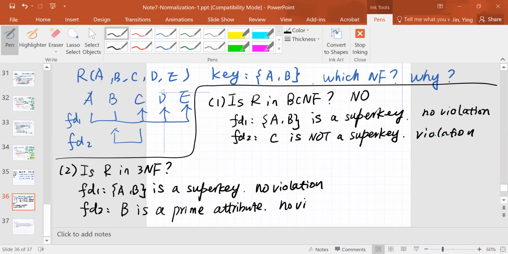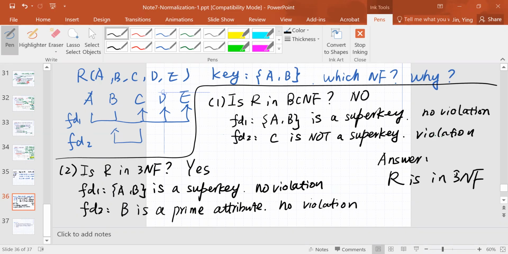Okay, so this is also no violation. So as a result, this is yes. So your answer should be R is in third normal form. And of course, steps 1 and 2 are just helping me get to your answer, because that's the step to answer why, and this is the answer to which one.